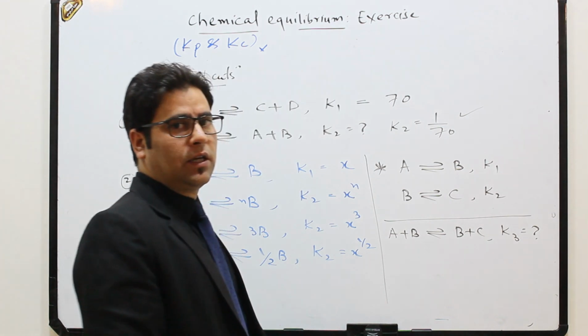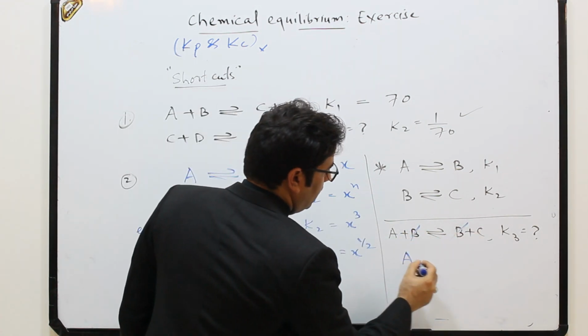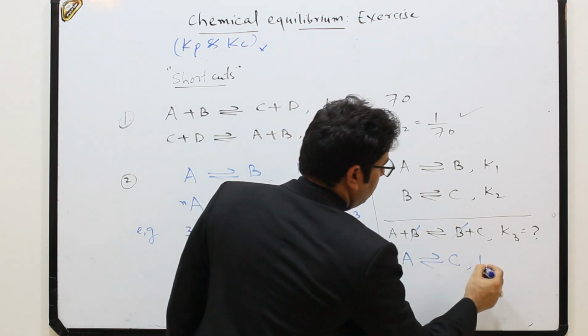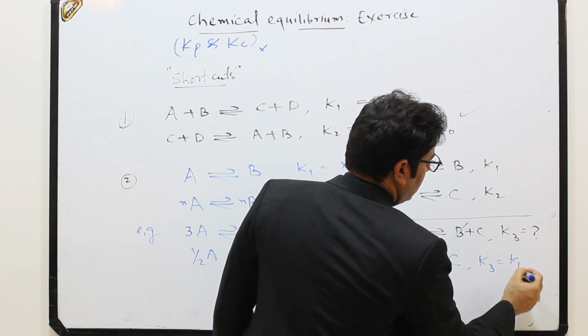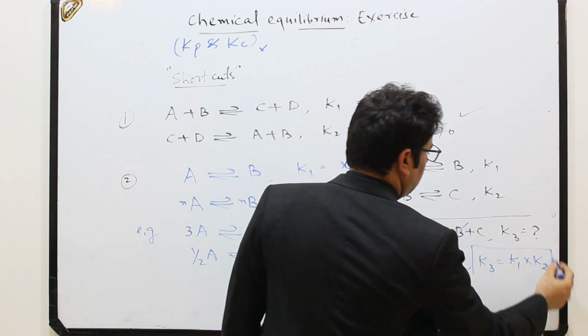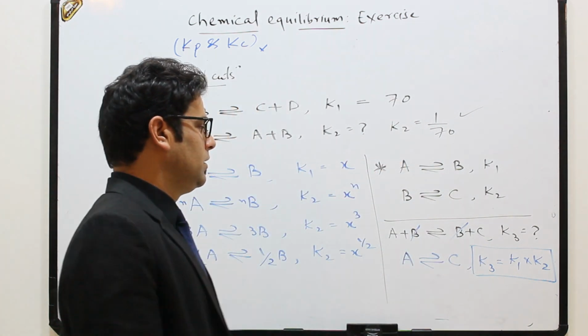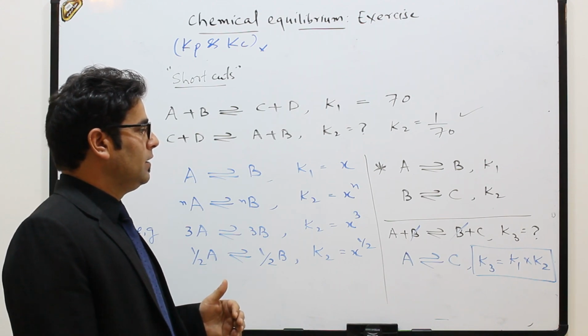After adding, B will cancel, so we have A giving C. What will be K3? It will be the multiplication of these two: K1 into K2. This will be the answer. This is the third shortcut which we have to use in the next lecture.